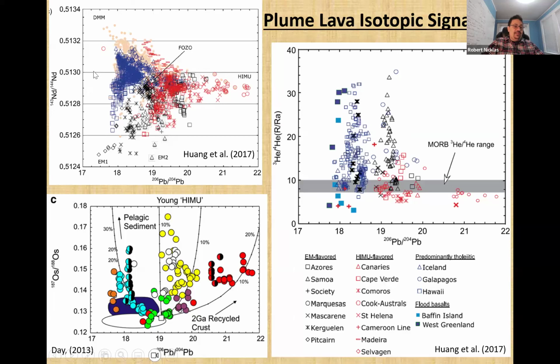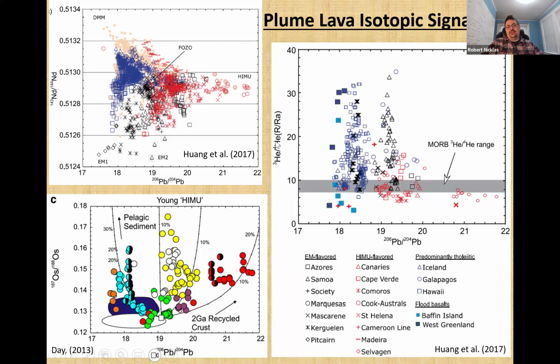And this is shown in a wide variety of isotope systems. This is neodymium and lead. This is osmium and lead, and we lead to different end members here. This is helium and lead. Helium is kind of decoupled from other isotopic systems, where we'll get really undegassed signatures, like very high helium 3/4.